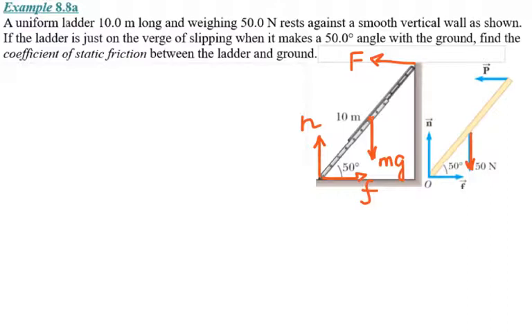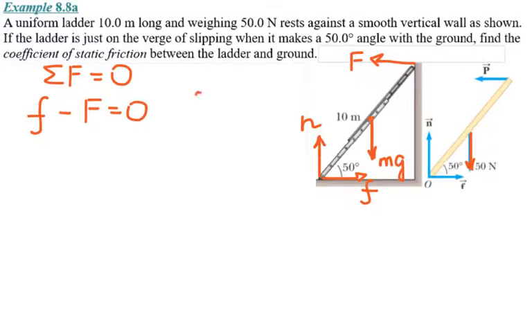It is in equilibrium. That means the sum of all the forces and the sum of all the torques equal 0. At first, the sum of all the forces equals 0. For the horizontal forces, I'm going to choose the positive direction: friction minus F equals 0.